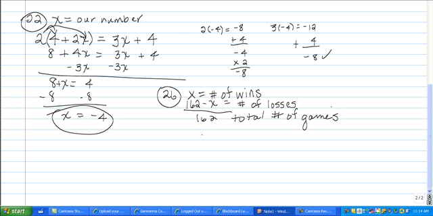So 33 fewer than twice the number of games they lost. The Rays won x, which is 33 fewer than twice as many games as they lost. They won 33 fewer.